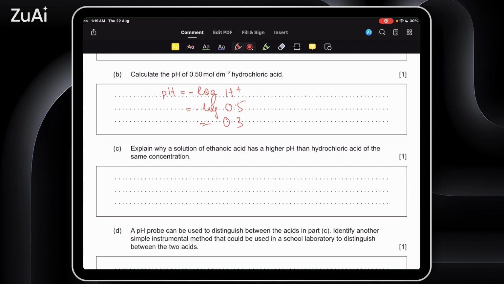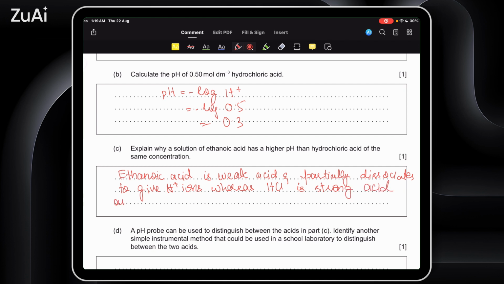We can say that ethanoic acid is a weak acid and partially dissociates to give hydrogen ions, whereas HCl is a strong acid and fully dissociates to give hydrogen ions.